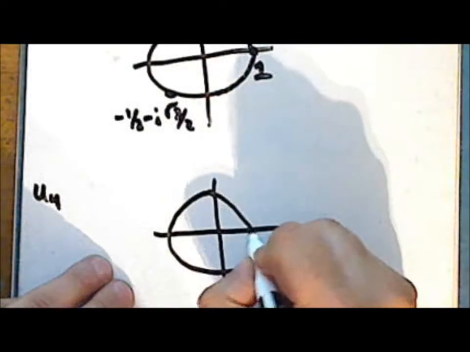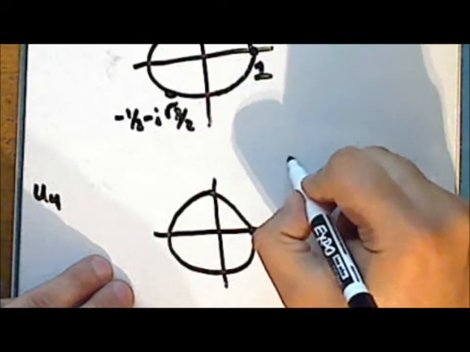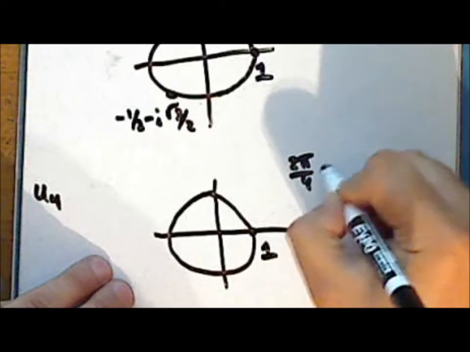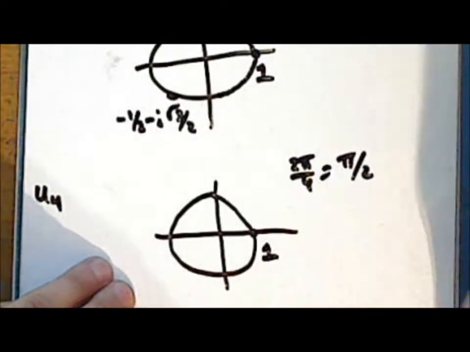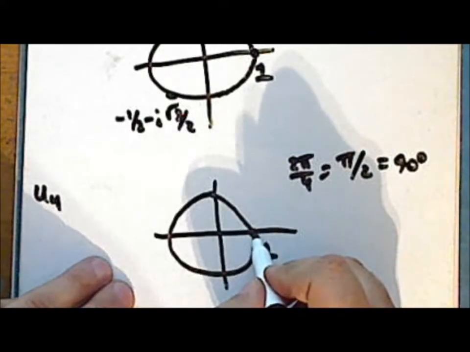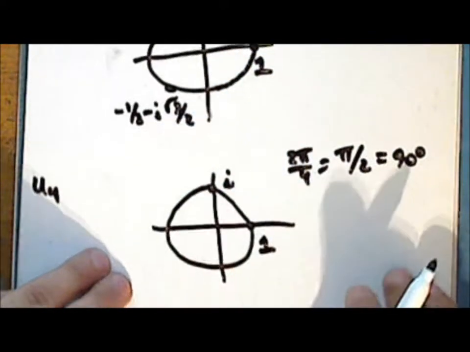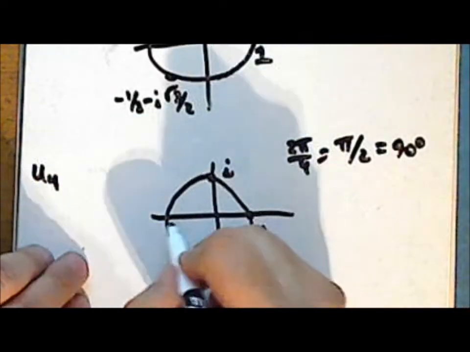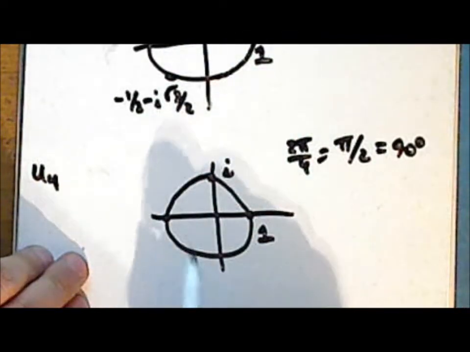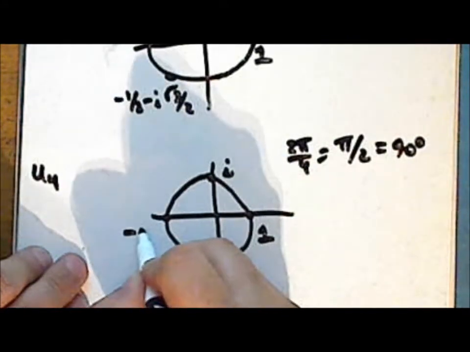Once again, the nth roots of unity always occur on the unit circle, one of which is always the real number 1. Each will occur at 2 pi divided by 4, or pi over 2 radians apart, which is 90 degrees. 90 degrees from the number 1 gives us the number I. 90 degrees from this, we have the number negative 1.